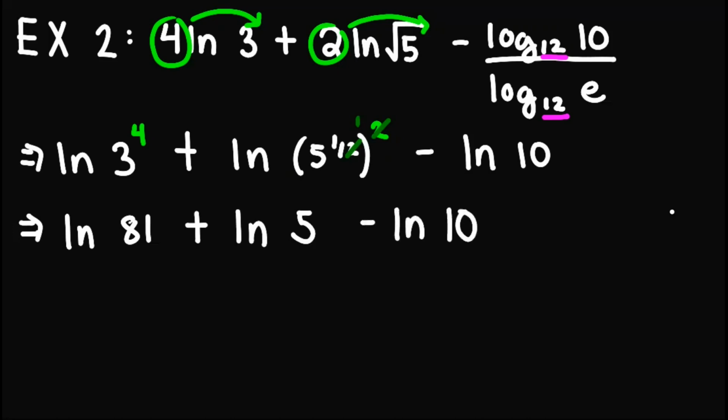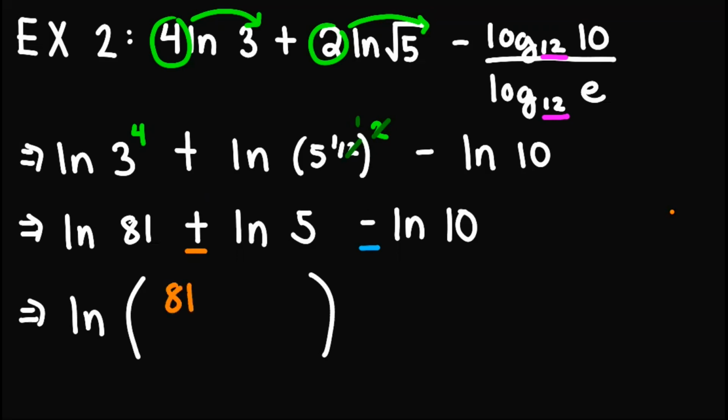And what can we do next? We can apply the first two laws of logarithm. Since we have a plus out here and a minus out here, and we know that all of these are ln's, so basically they all have the same base e, then we can express this one as the ln of, remember when it's plus, what we do is we multiply the number.